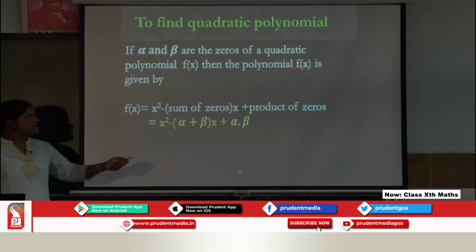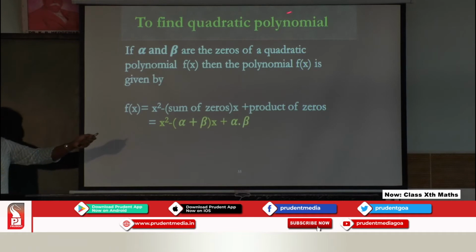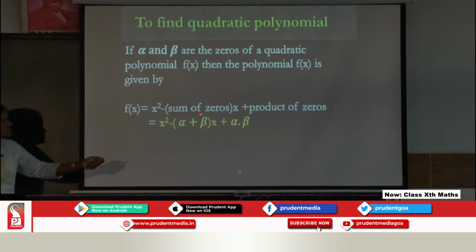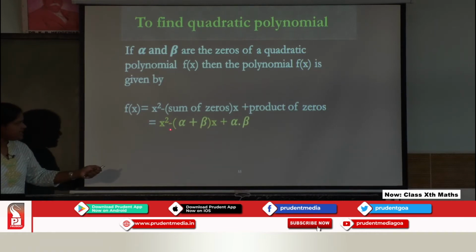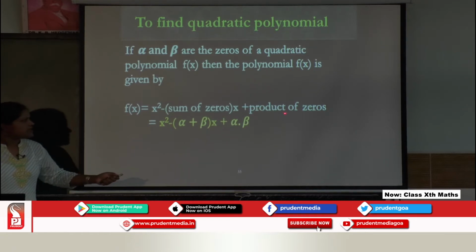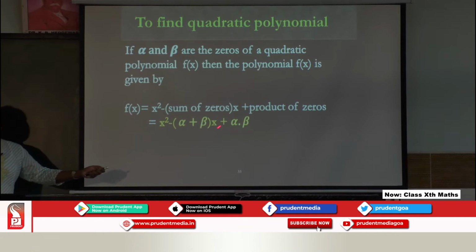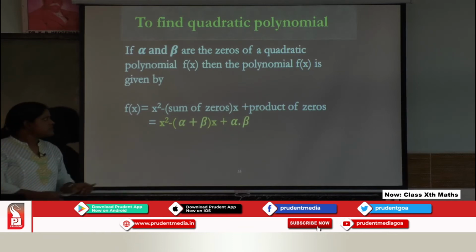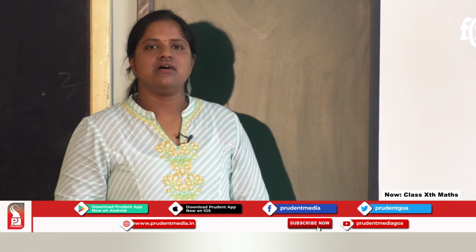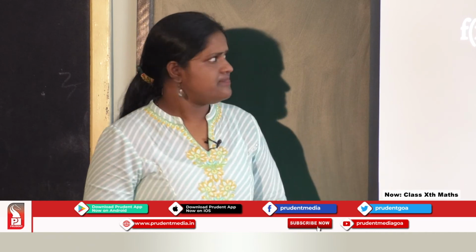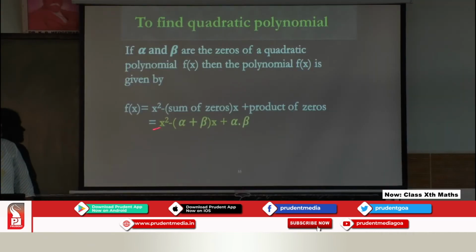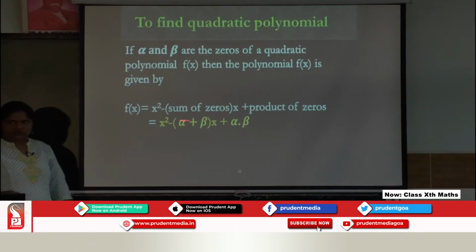This is the format to find a quadratic polynomial. So, sum of zeros is alpha plus beta, there is a negative sign here and the variable, plus product of zeros is alpha multiplied by beta. This type of problems appear in the question paper where they ask you to frame a quadratic polynomial in terms of a particular variable. Now, if x is mentioned, please write the answer in x, use variable x.